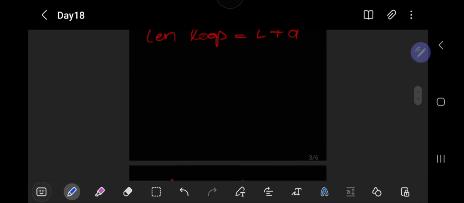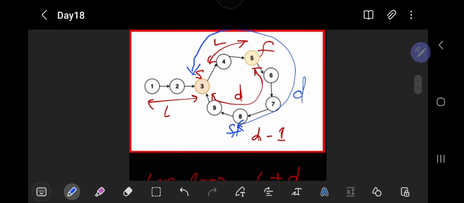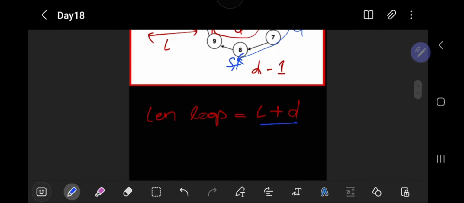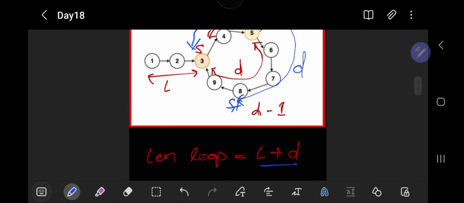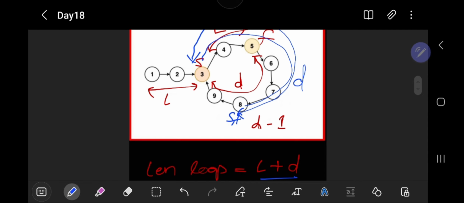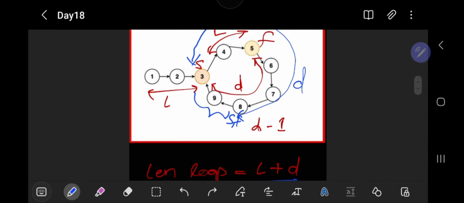Now let me draw. See, we know the length of the loop is L plus D, and I am saying this distance is D itself. So what do you think this distance will be? The entire length of the loop is L plus D, and this is D. So what will this be?